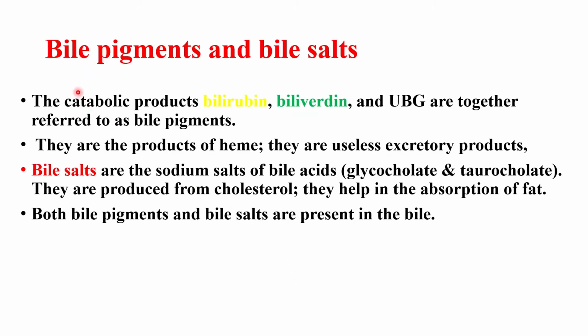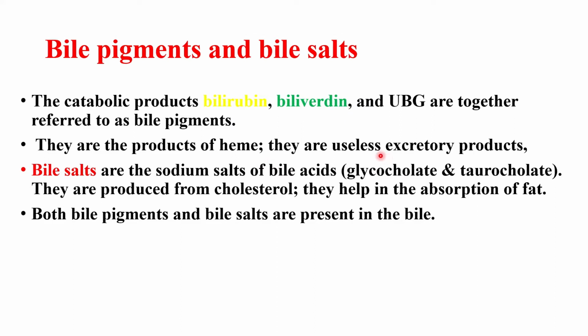Regarding the bile pigments, the catabolic products like bilirubin, that is yellow in color, biliverdin, that is green in color, and urobilinogens are together referred to as the bile pigments. A short note can also be asked on this: what are the different bile pigments or the catabolic products of bilirubin? They are the products of heme.